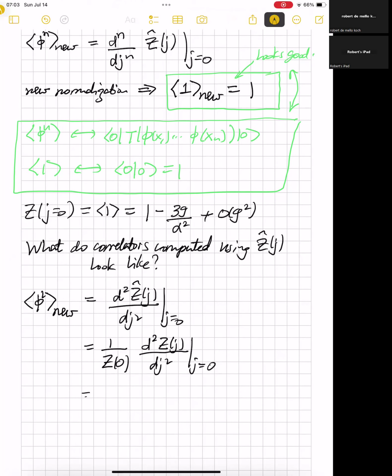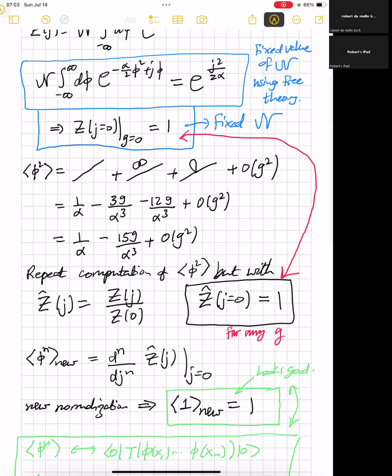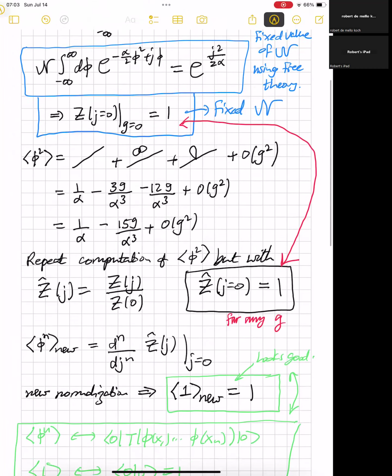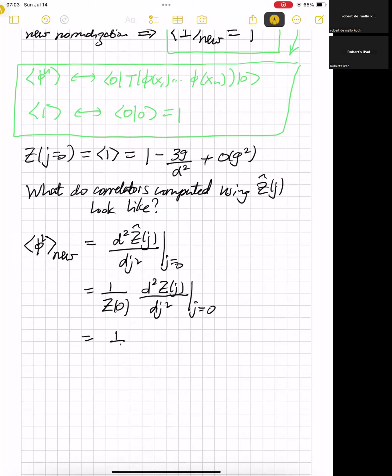And we know what each of these ingredients is. So there we've calculated the 2-point correlator. So 1 over alpha minus 15g over alpha cubed. So let's put that in. 1 over alpha minus 15g over alpha cubed times 1 over z of 0.